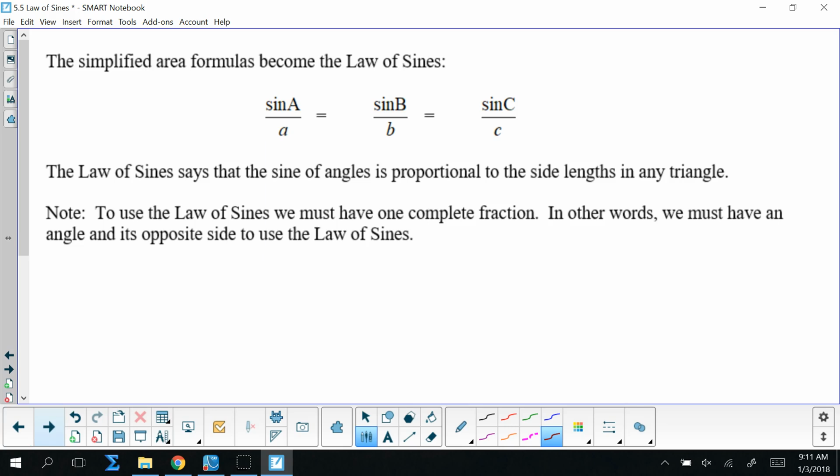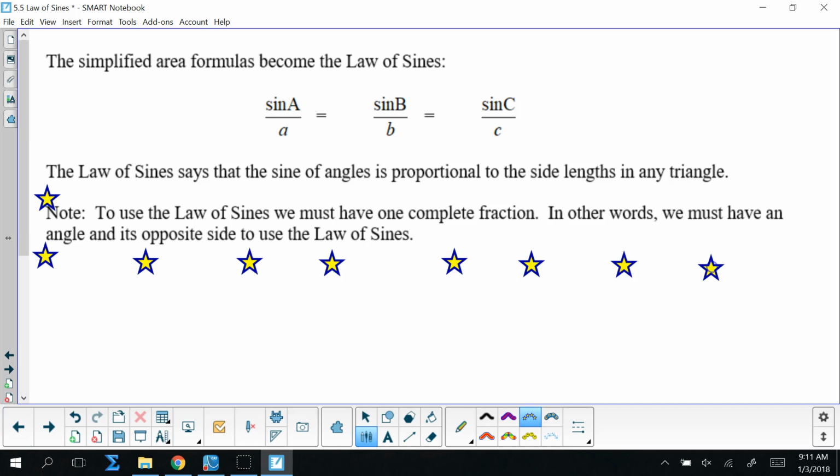SOHCAHTOA only works in right triangles. Law of sines works for any triangle. Okay? However, a little side note for you is that you have to have one complete fraction in order to use the law of sines.